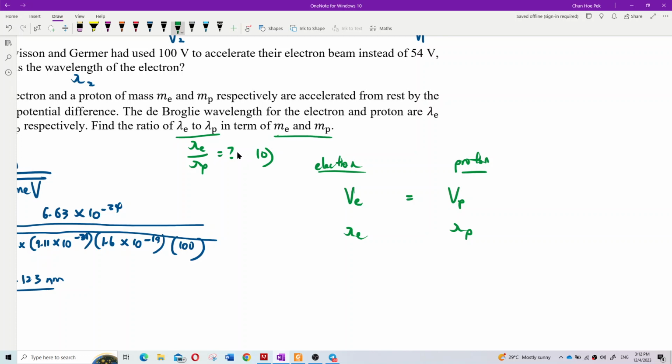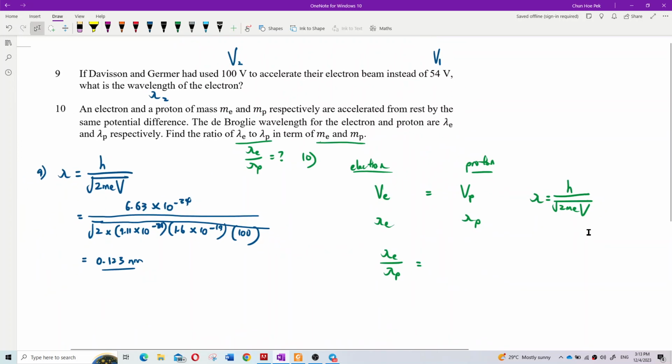So in terms of this, let's do it. Lambda E over lambda P. Remember the formula lambda equal to h over root 2meV. Use this formula.